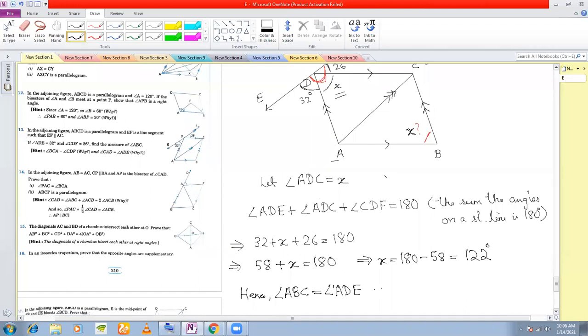That means y, which is equal to X, which is equal to 122 degree. And we'll give our reason here. What is the reason here? The reason here is opposite angles of a parallelogram are equal.